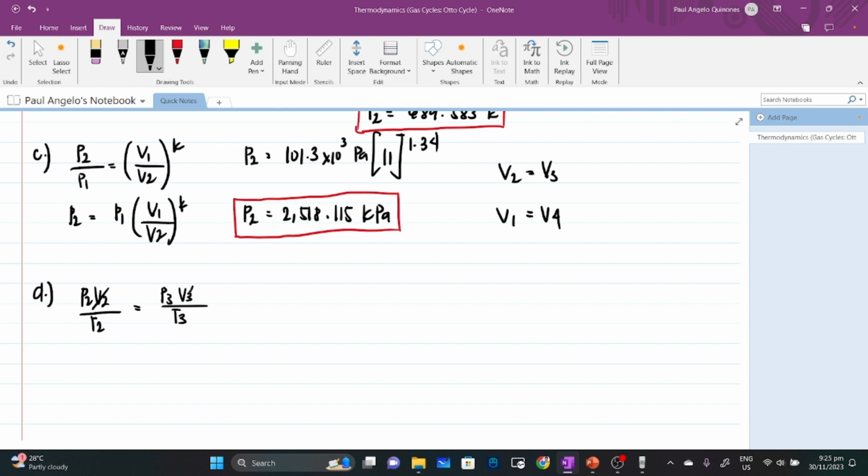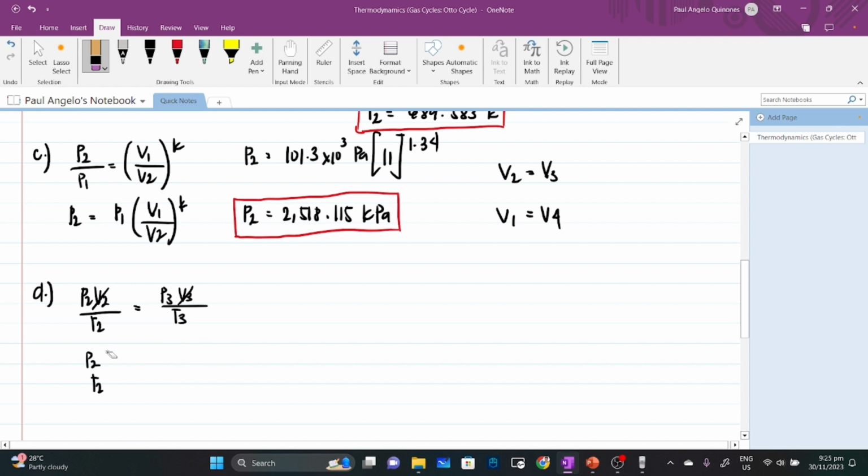So this is a constant volume. You will have P2 over T2 equals P3 over T3. However, you don't have yet P sub 3. So therefore, you cannot use that because you have two unknowns in a single equation.